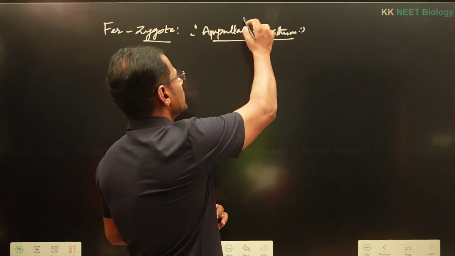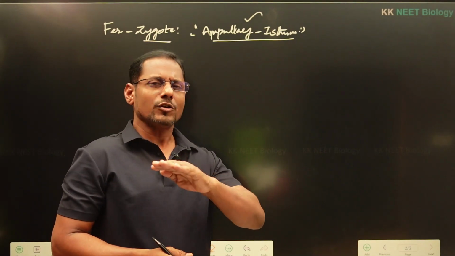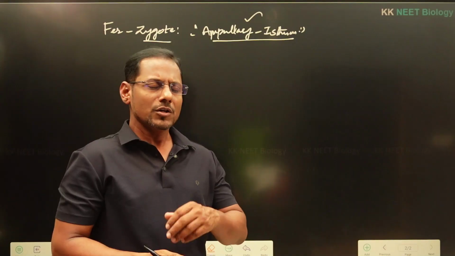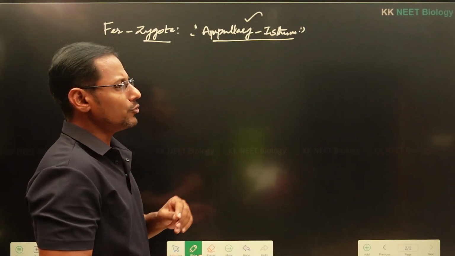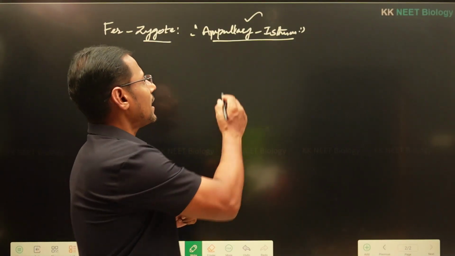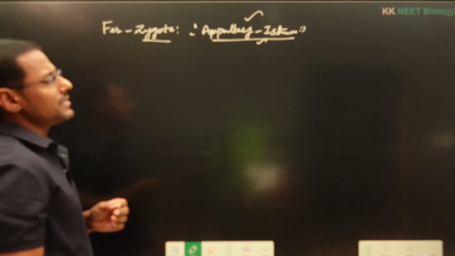Here you must take the ampullary isthmus junction only. Such questions may not be asked because they create ambiguity. But you remember these two things: one is the ampullary region, the second is the ampullary isthmus region. Generally the fertilization process takes place in the ampullary isthmus region.